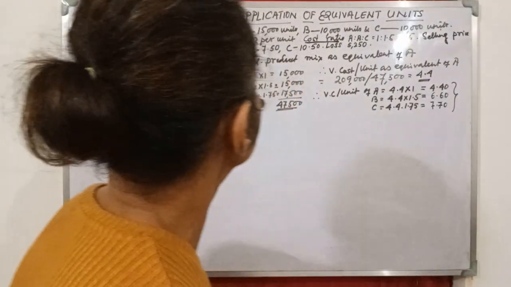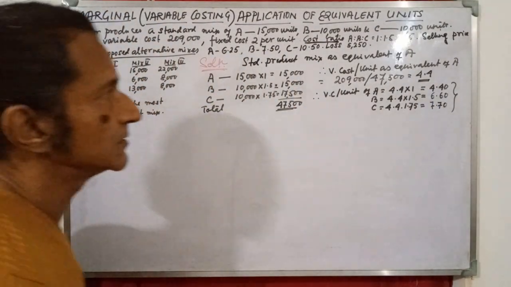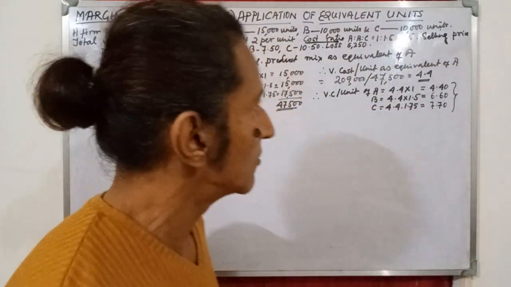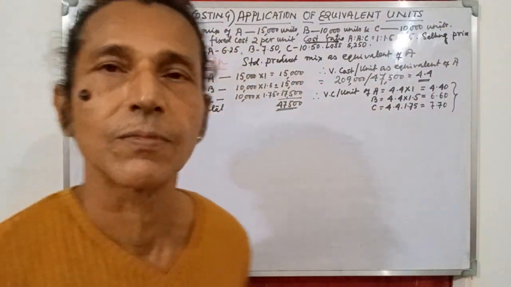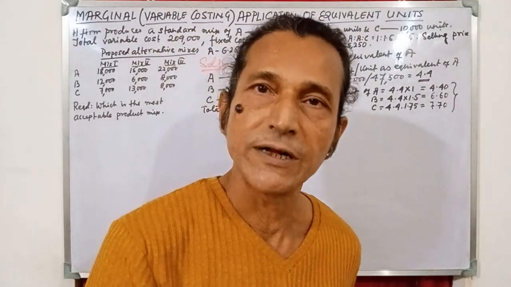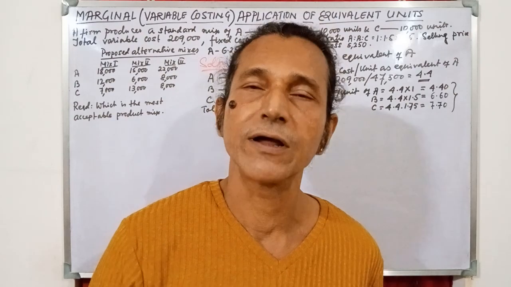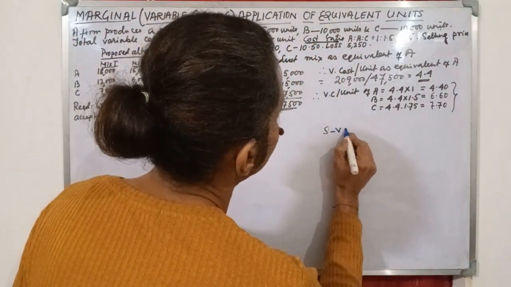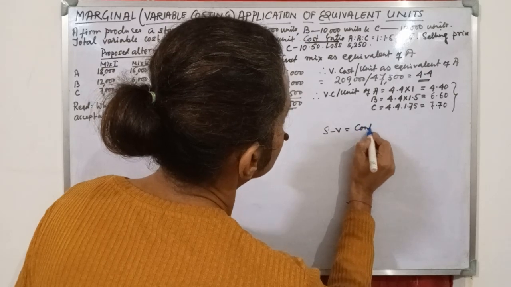Now we know the selling price per unit, so we can easily find out the contribution. We have already discussed the different formulae which are used in marginal costing. Still, for a quick recap, sales minus variable cost is equal to contribution.